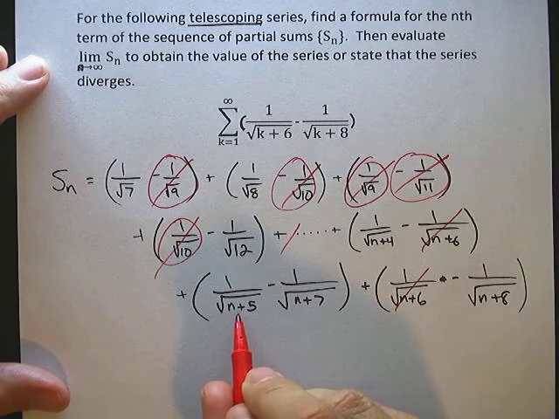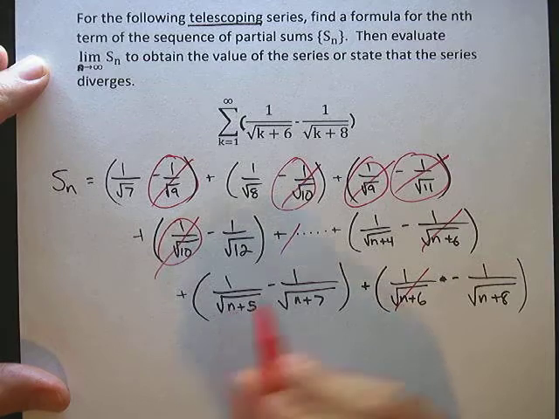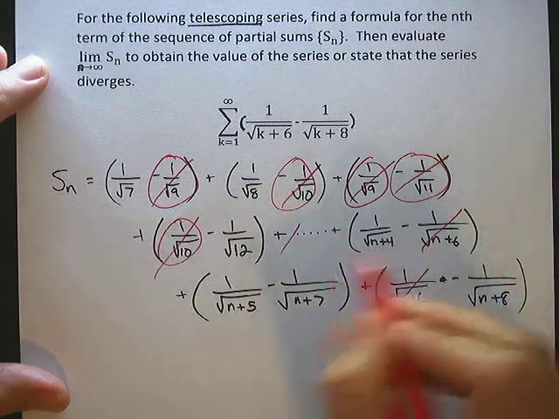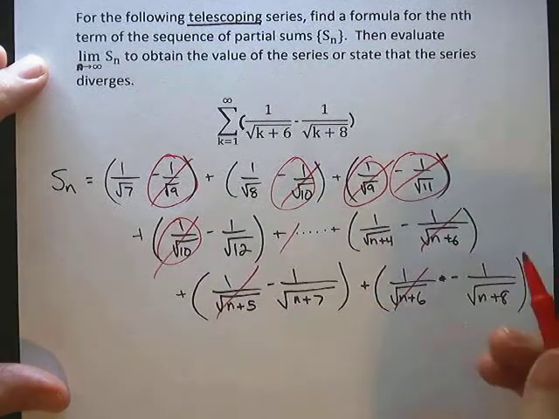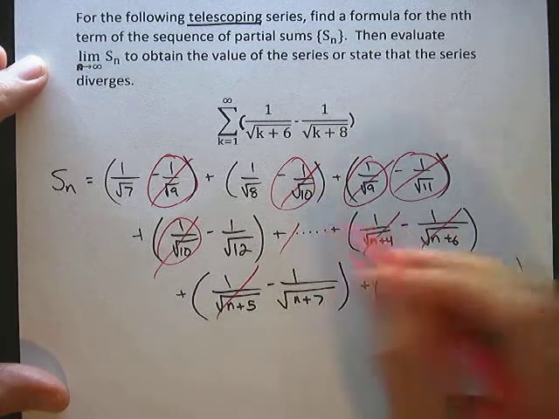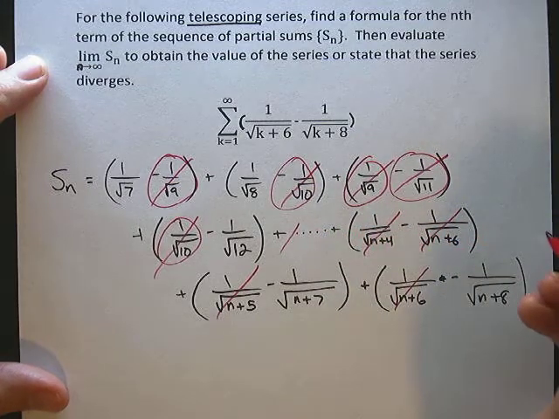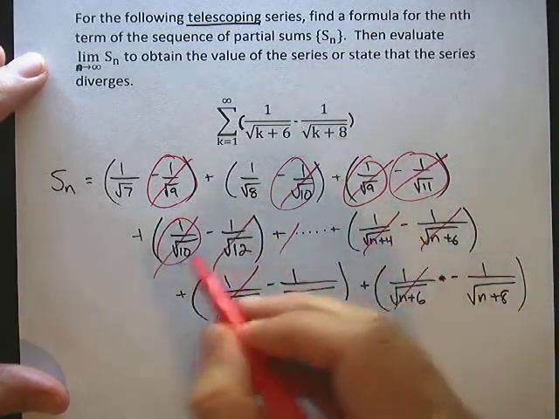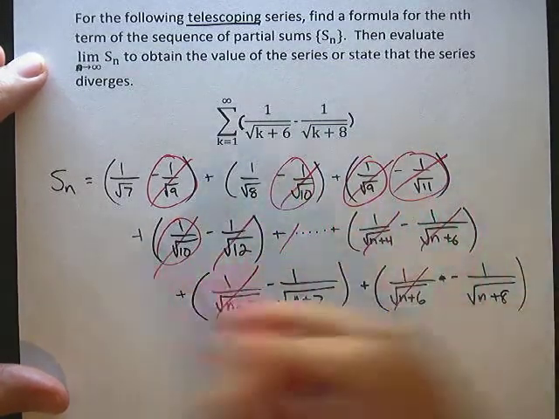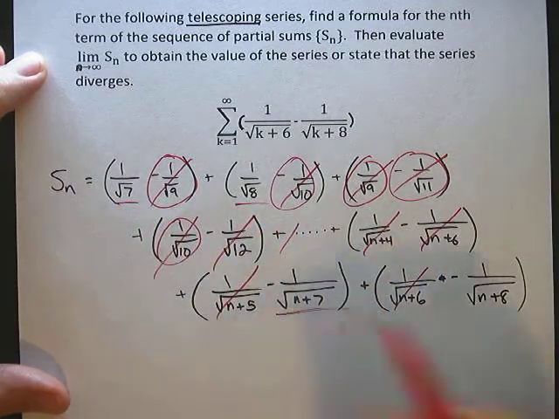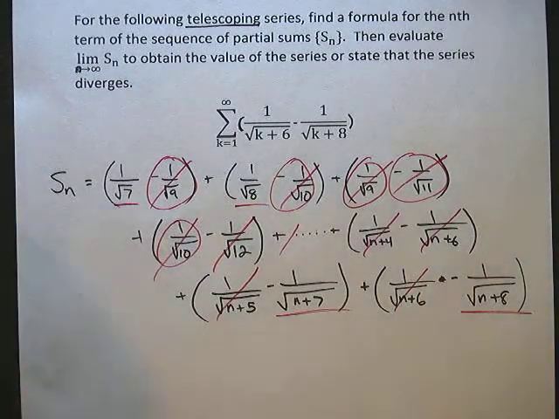We would have a negative square root of n plus 5 right here had we written the previous parentheses, so that one's going to cancel. All of these are going to cancel with terms that came before them, whether they're positive or negative. So all these inner terms cancel, cancel, cancel. But we are left with a couple terms at the beginning and a couple terms at the end that have nothing to cancel with, and that's because we stopped at n.